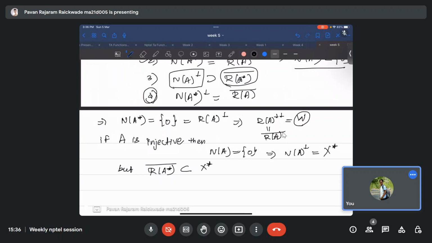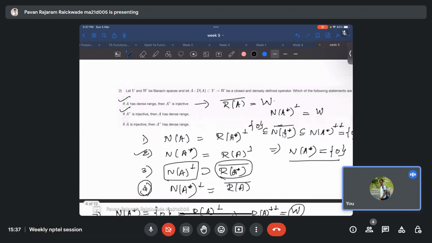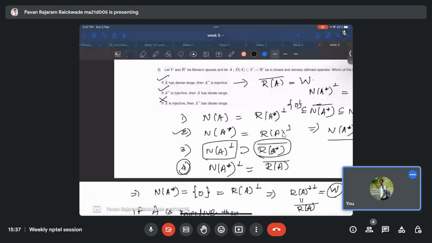So we don't have sufficient information to say that range of A star closure is equal to X star. This can be a strict containment. So we can't be sure that range of A star is dense. The third option need not be true. I hope this is clear.